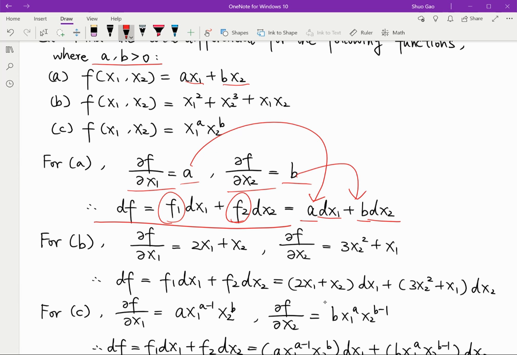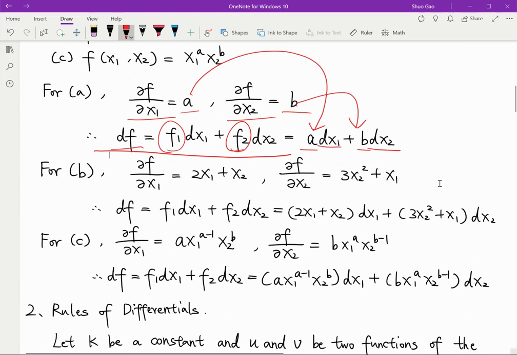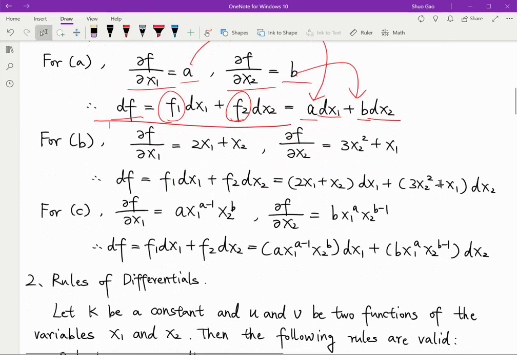So this is the change of df, right? The interpretation is that the change of df comes from two sources. The first is the change of x1. So dx1 means the change of x1, but the change is very, very little, so we use d, not delta, to represent that.